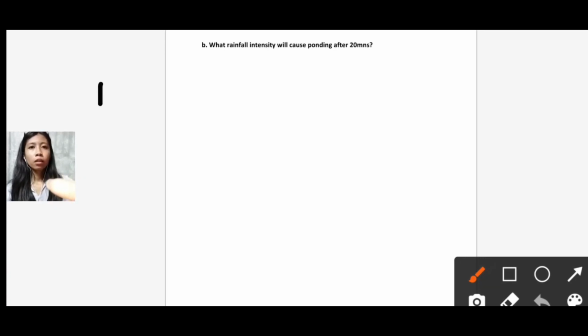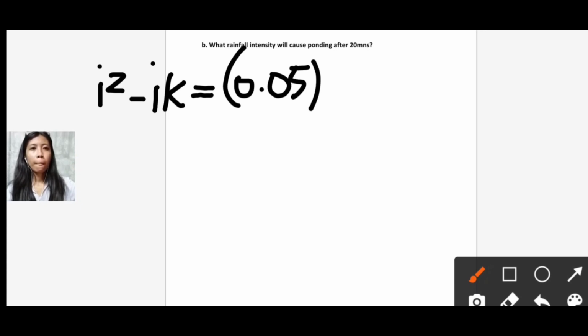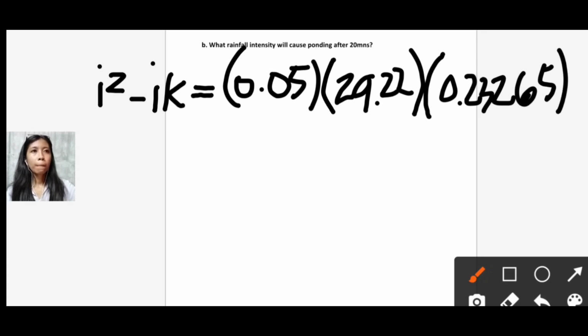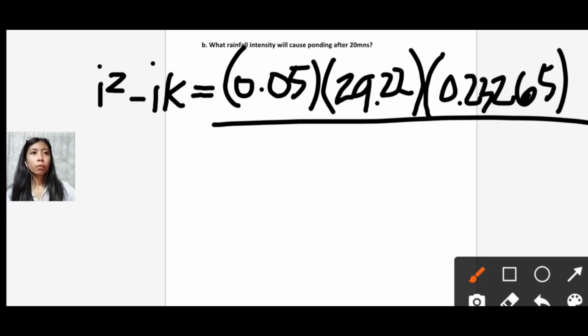I squared minus I k is equal to 0.05, 29.22, and the delta is 0.23265, all over time to ponding, which is 20 minutes. So if we convert natin siya into hours, 0.333 hours.